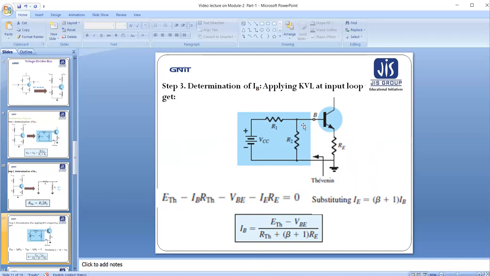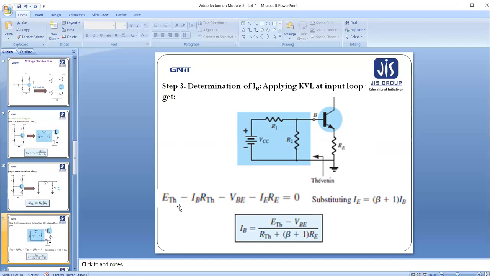So it is a VTH, and the Thevenin resistance is in series with the voltage, because you know the equivalent Thevenin circuit has the Thevenin voltage with which the Thevenin resistance is connected in series. So the VR2 is connected in series with R1 parallel R2 and is going to the base.